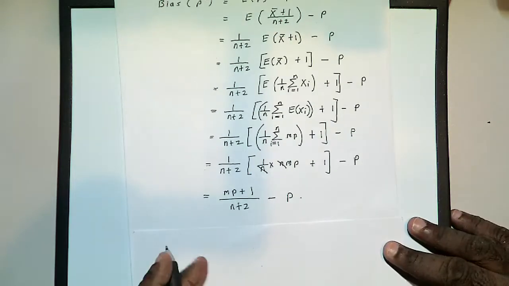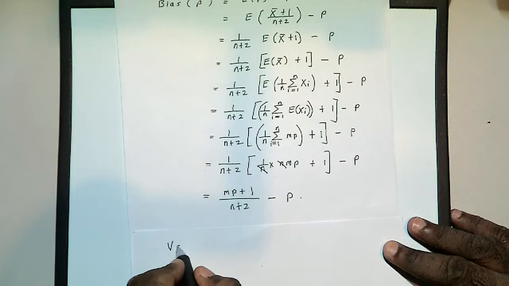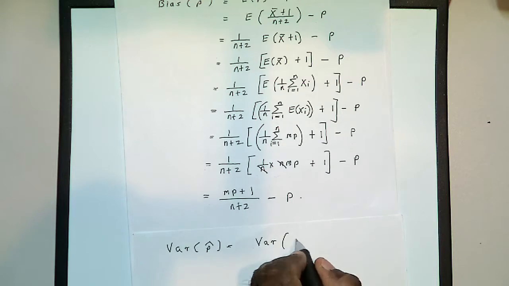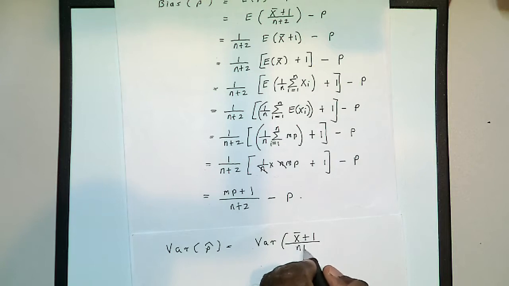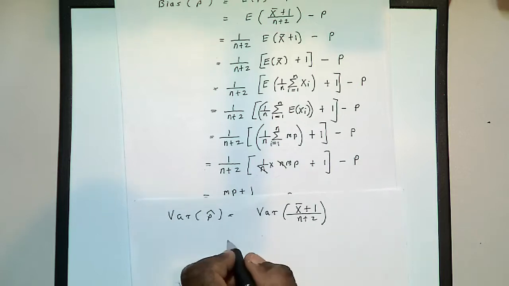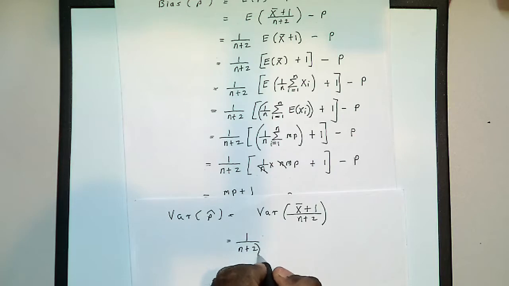Now the variance. The variance of this is this, yeah? Now n plus 2 is a constant, so you pull it outside and it becomes this.